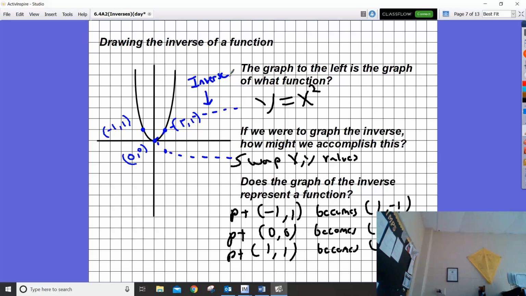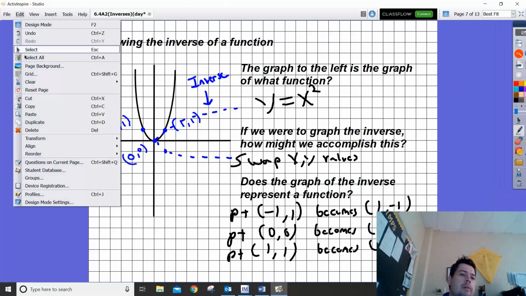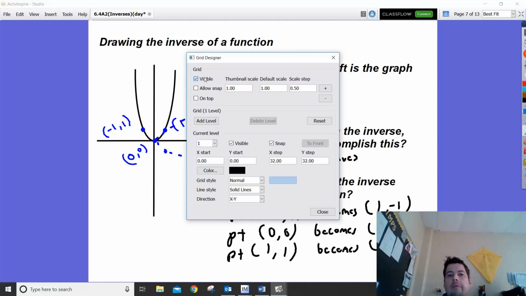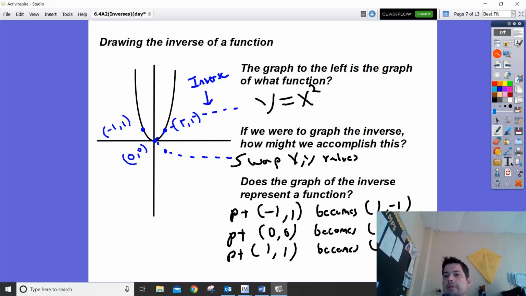Is the inverse a function? Oh, you remembered something. Good for you. I'm going to take that grid off before I give you notes.